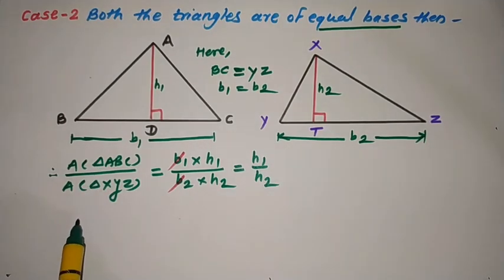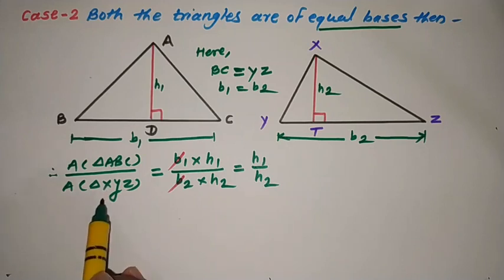The area of first triangle is denoted by A1 and second triangle is A2.